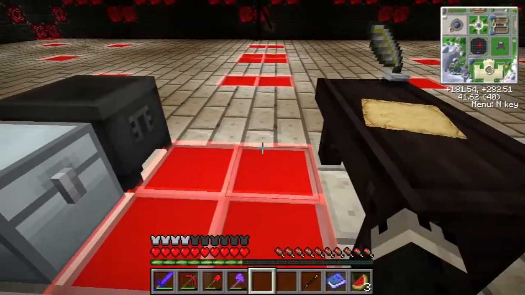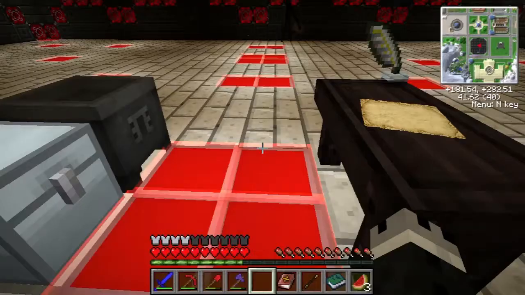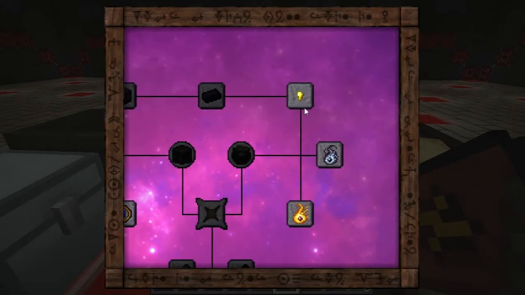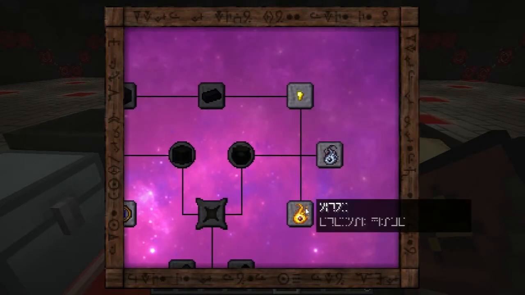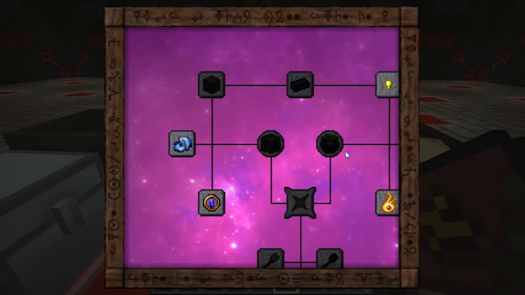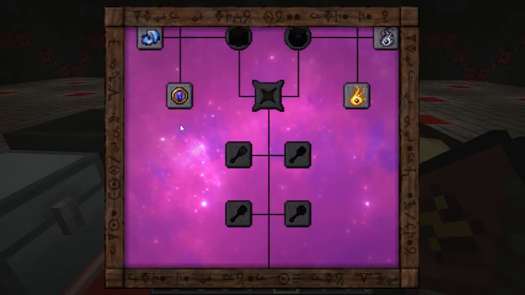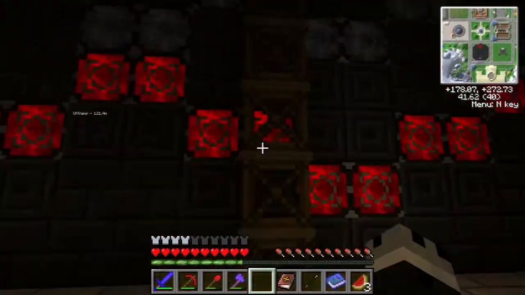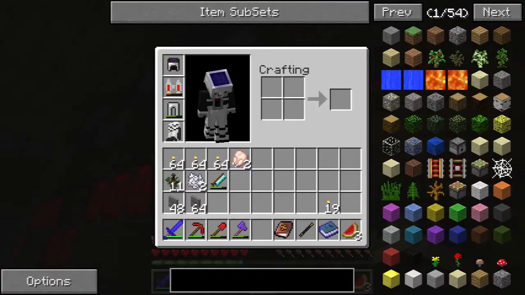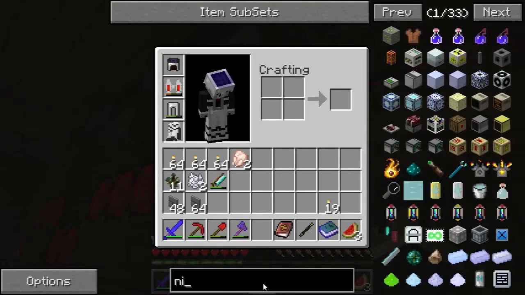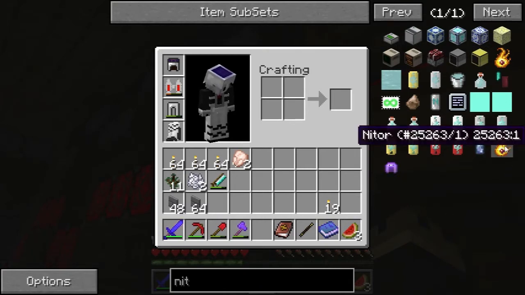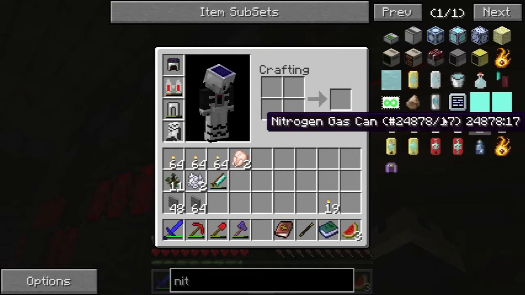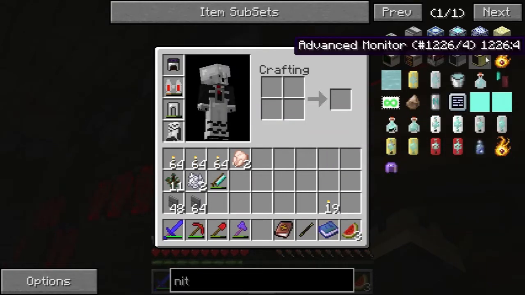Okay, so what is the first thing I'm going to research? I guess it doesn't really matter. Now, I kind of have an understanding of how this stuff works, and I'd like some Nitor. So, if I just hold Shift, right? Oh, does that not work?